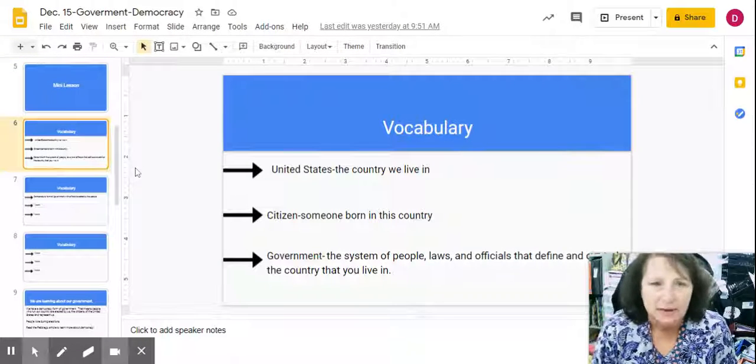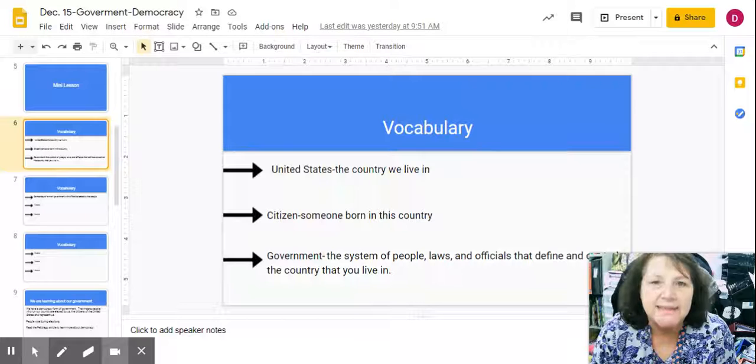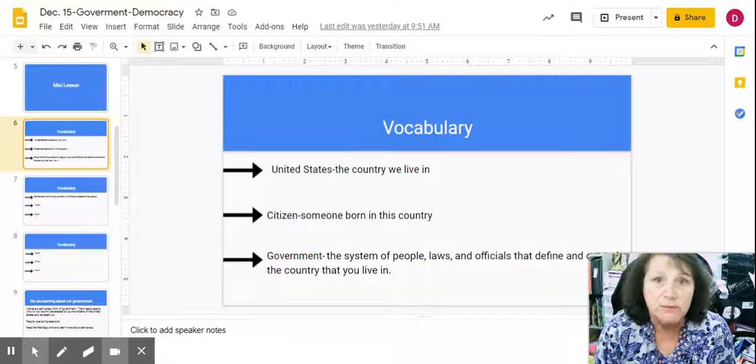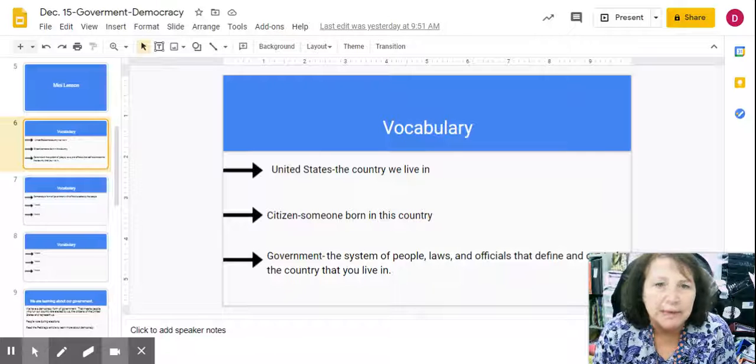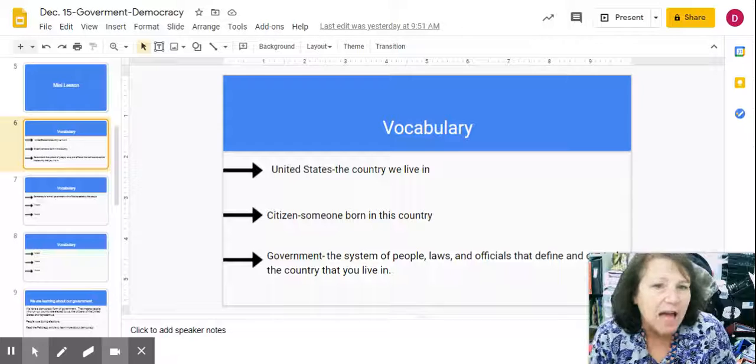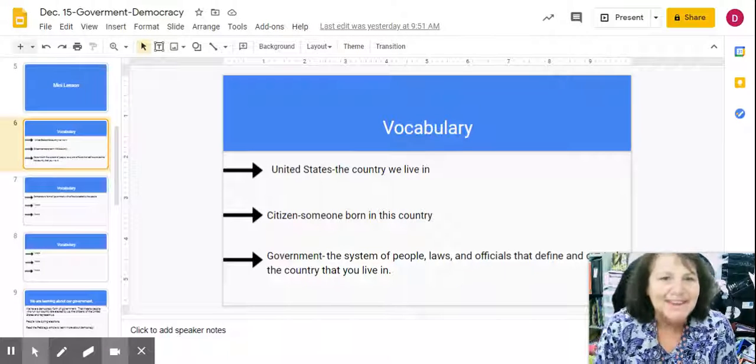Let's review some vocabulary. United States, the country we all live in. Citizen, someone born in this country. Government, the system of people, laws, and officials that define a country that you live in.